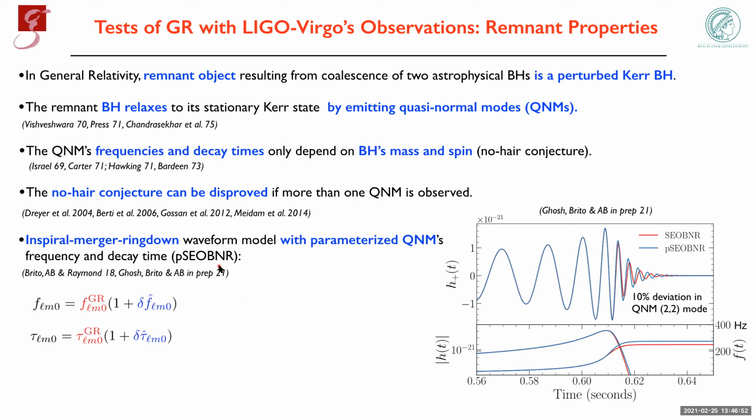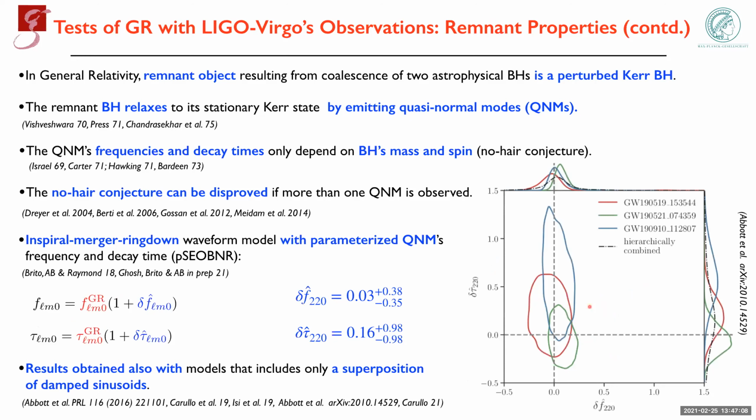One is you take an inspiral-merger-ring-down waveform and you deform the ring-down quasi-normal modes that are in the signal. You can see an example here if you vary the frequency and decay time by 10%. And the other method is just to use a damped sinusoid.